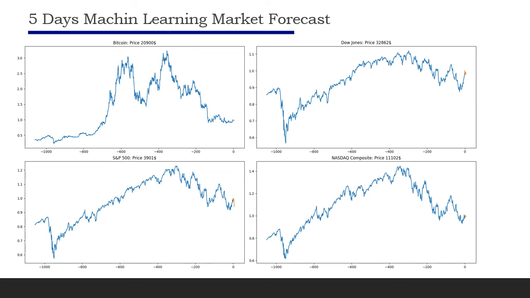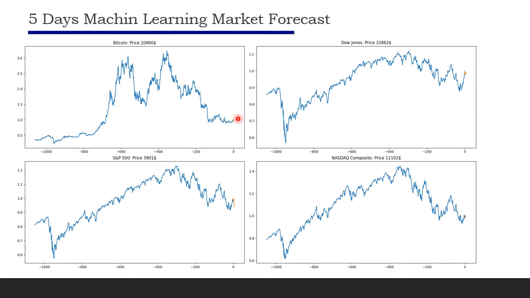And here you can see the forecast for 4 different indexes together with the Bitcoin, also S&P 500, Dow Jones, and also Nasdaq Composite. This is the actual price, and these are the price development for each index, 1000-day price development. And here, this orange one, you can see the forecast, 5 days forecast.